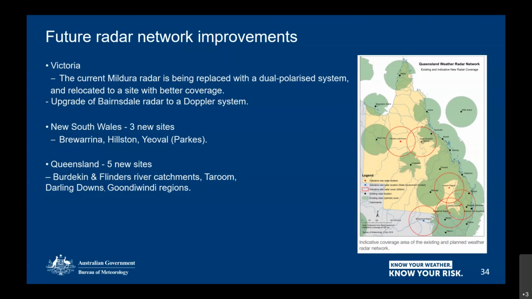Also a radar in the Darling Downs area around Toowoomba, and a radar that will fill in some gaps between the new radar at Brewarrina and the Namoi radar will be going in around the town of Goondiwindi.